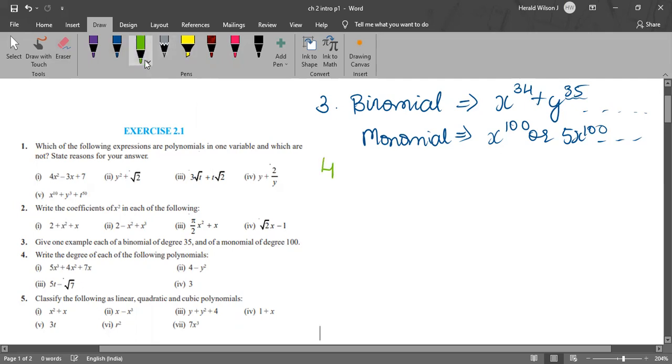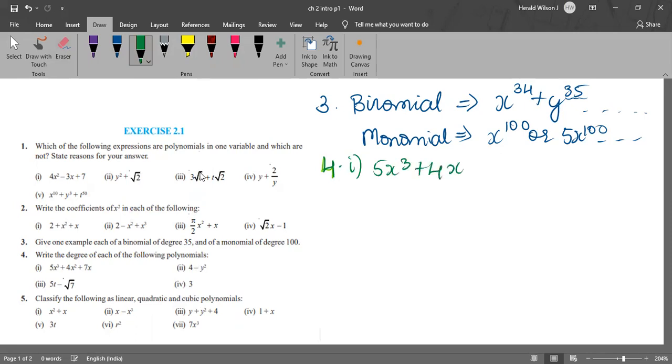The fourth question: write the degree of each of the following polynomials. The first one is 5x cubed plus 4x squared plus 7x. We need to write the degree. What is the degree? The highest sum of the powers of the variables in a term of an expression is called the degree, right?